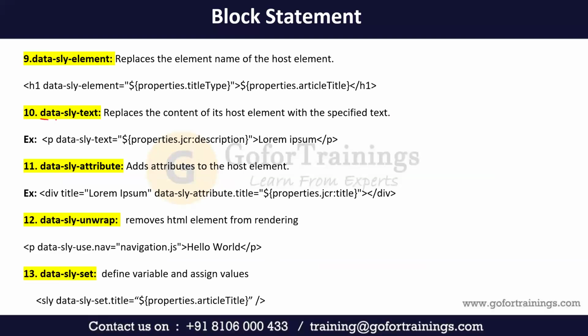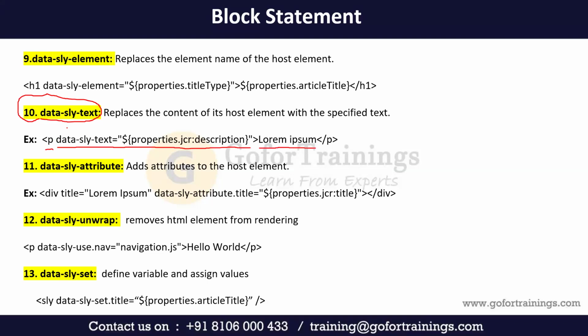Next one is data-sly-text. It will be useful to inject text into HTML markup. So for example, a p tag. Inside the p tag, I'm trying to inject the data. data-sly-text equal properties.jcr:description, and then I define the default value here.